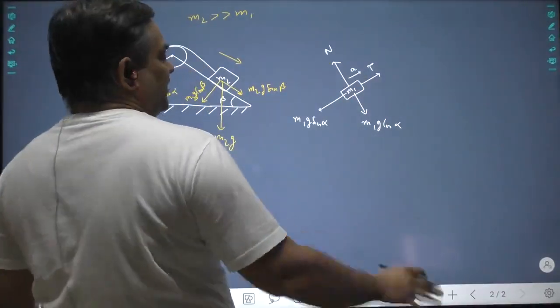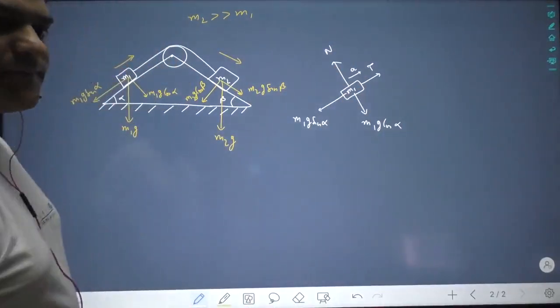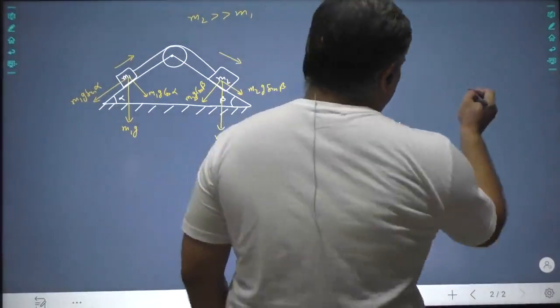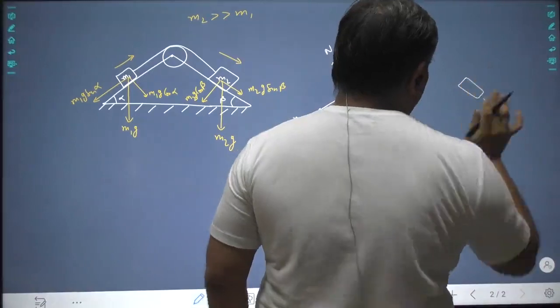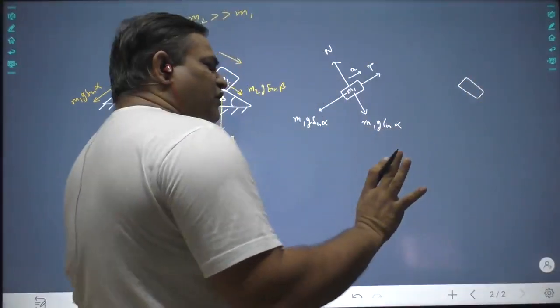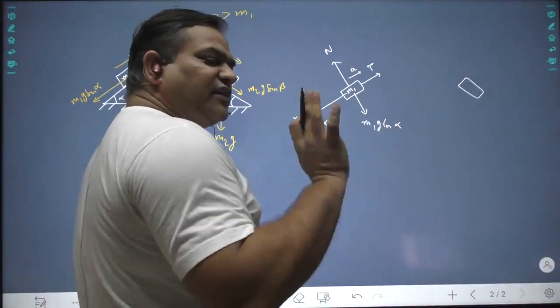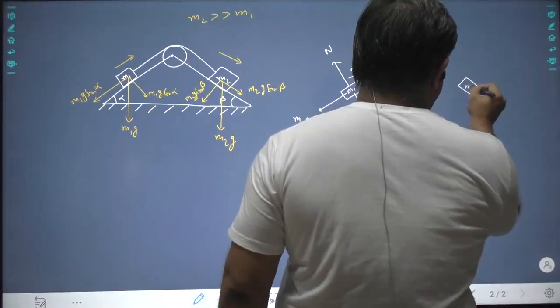Now first tell me, how is the free body diagram? Very good. Now let us draw it for M2. See, it is very simple. Every contact will have a force, and one force without contact, gravity. That's it. Nothing more than that. Now we have M2.